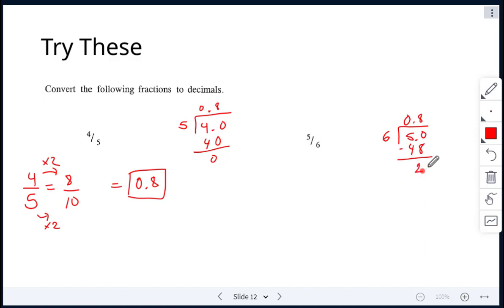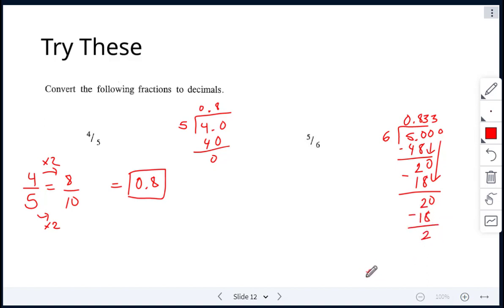This gives me 2, bring down that 0, and we get 3 here, 6 times 3, which gives me 18, and that continues. Subtract, have a 0, bring it down, and it's just going to keep going.